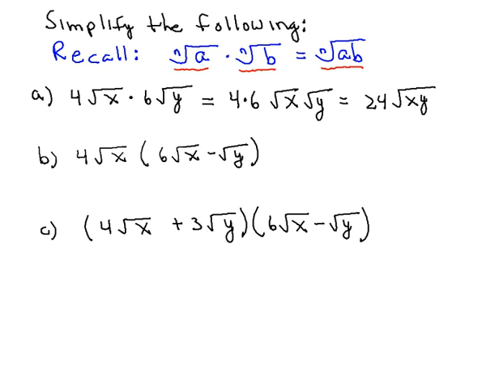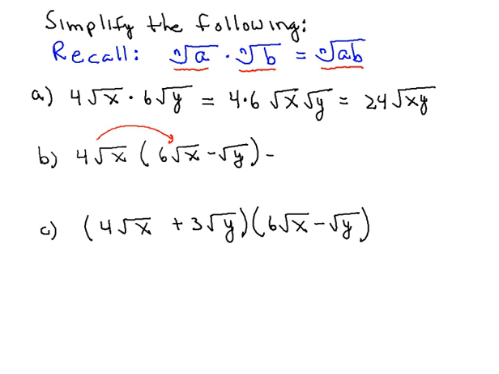Now for part B, we have 4 times the square root of x, times, excuse me, the quantity 6 times the square root of x minus the square root of y. What we'll want to do in this case is use the distributive property. So we're going to take first the term on the outside and multiply it by the first term on the inside.